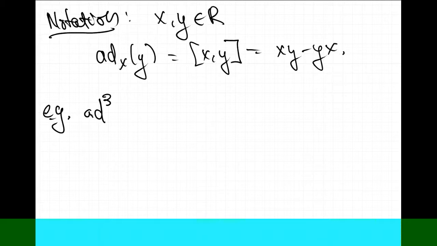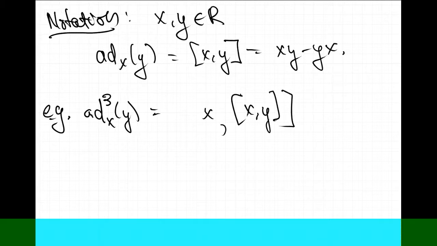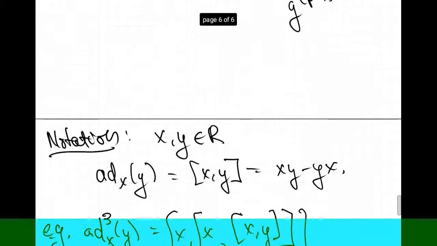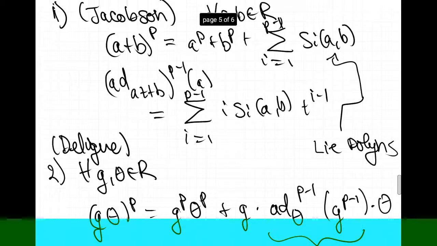If I want to do the adjoint action, say, 3 times, I'll first do it on y, then take the result and do it again, and take the result and do it again. So this is what we mean by this adjoint action in this formula here.